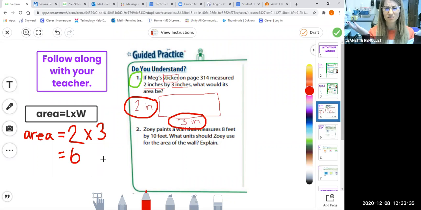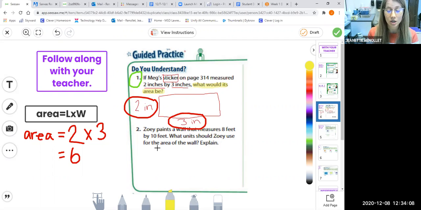6 what? 6 apples? What am I talking about? Oh, that's right. We're talking about area. It asked me in the text, what would the area be? So we watched a video about how to write area. I remember them talking about inches and a foot and centimeters. And I know that in order to write area, I have to use the word square.